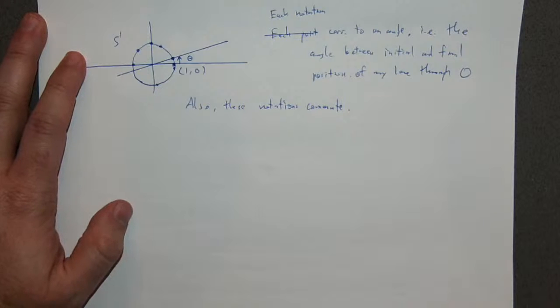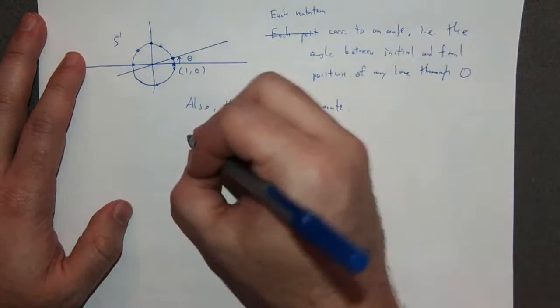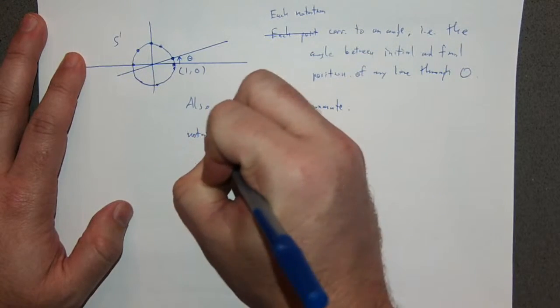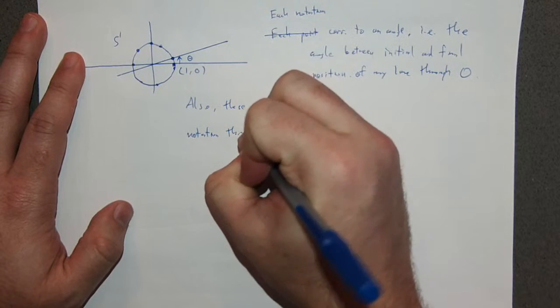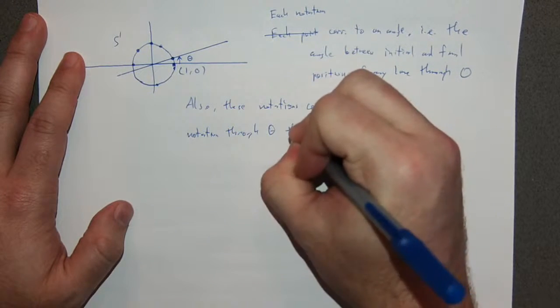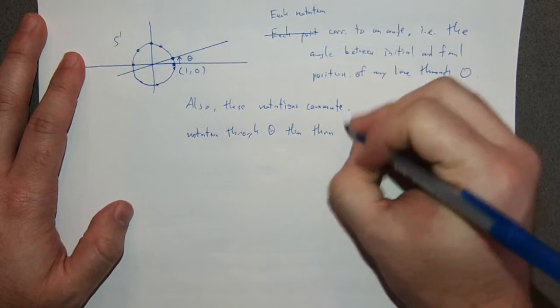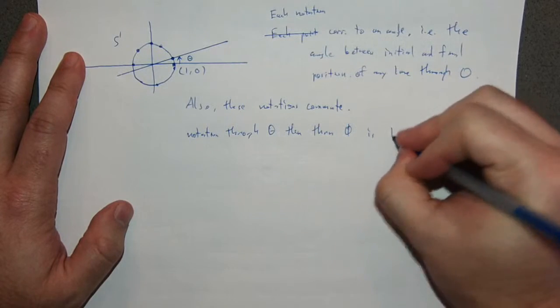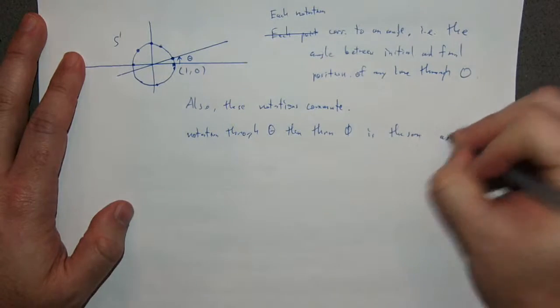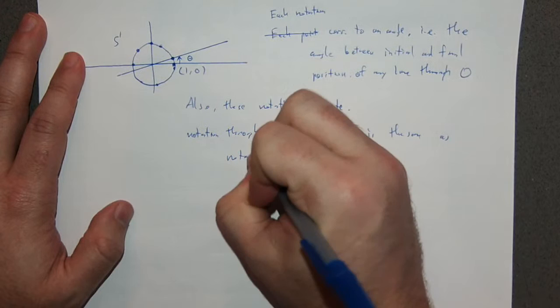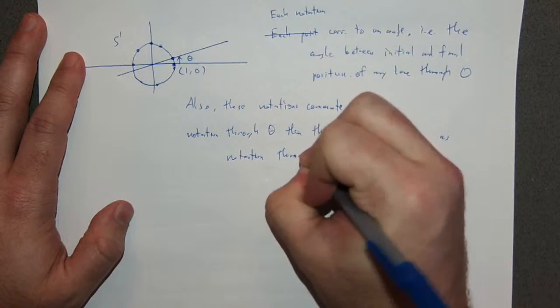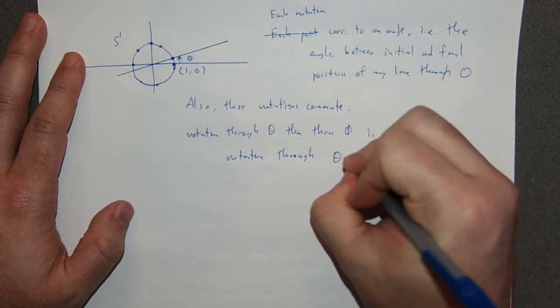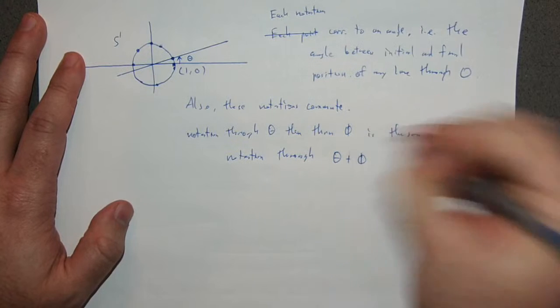Right, so these rotations commute. Because if I rotate through theta and then rotate through phi, then rotation through theta, then through phi, is the same as rotation through theta plus phi, or phi plus theta.